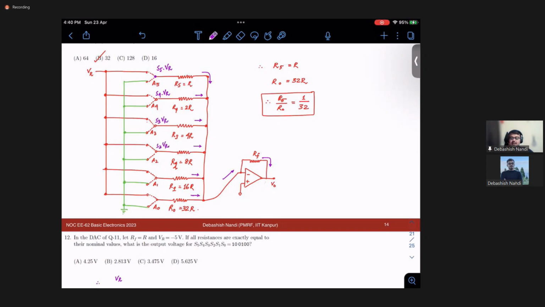And why am I writing it in that sense? When your S5 is 1, that means this switch will be forming. Okay. When S5 is 0, then obviously this ground switch will be forming. This is S1 into VR. This is S0 into VR.